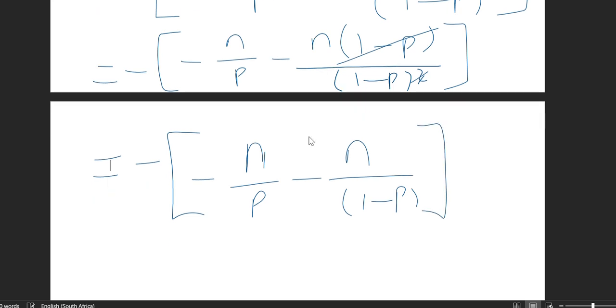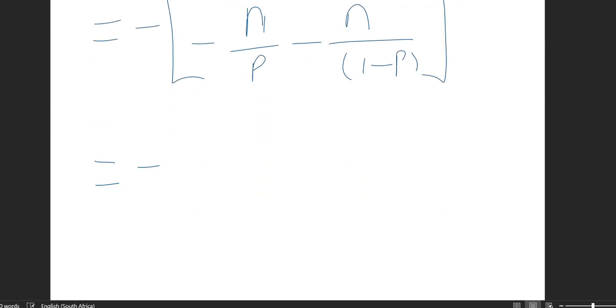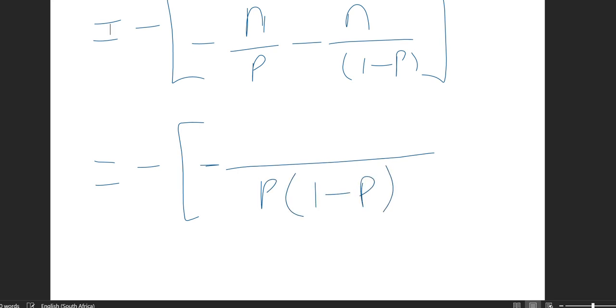Now we take a common denominator, which is gonna be negative into p and then 1 minus p. Now we are gonna multiply the n with 1 minus p, n into 1 minus p, and then minus, we are gonna multiply the n with a p, np.